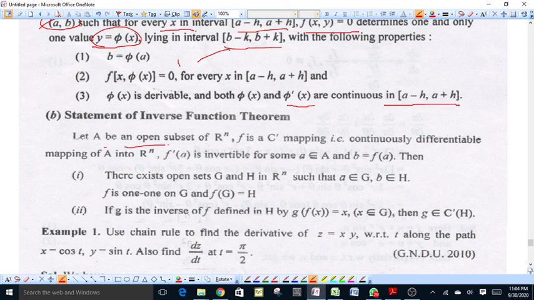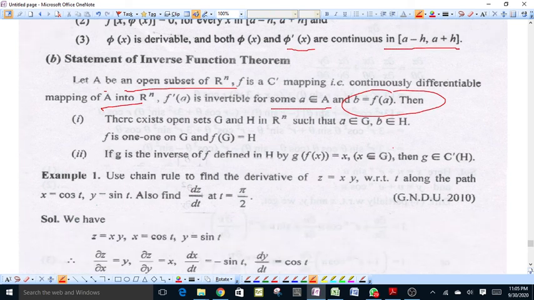If A be an open subset of Rn and F is a continuously differentiable mapping of A into Rn, and f dash is an invertible function for some a in capital A and b is equal to F(a), then there is an open set G and H in Rn such that a belongs to G, b belongs to H, and F is 1-1 on G and F(G) is equal to H, and if g is an inverse of F defined in H by g(F(x)) is equal to x, then g belongs to C dash(H).